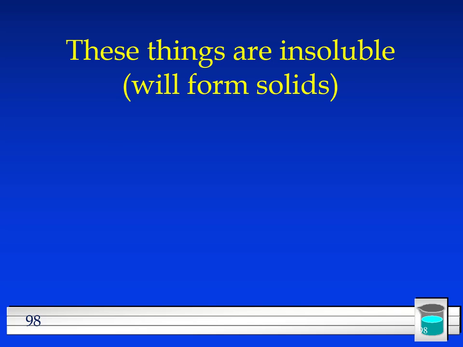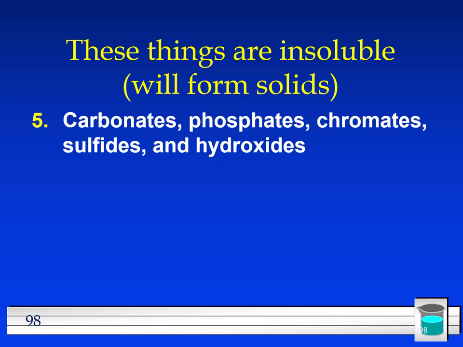Carbonates, phosphates, chromates, sulfides, hydroxides. So chromates means dichromates. Phosphates means phosphites. Carbonate, sulfide, hydroxide.